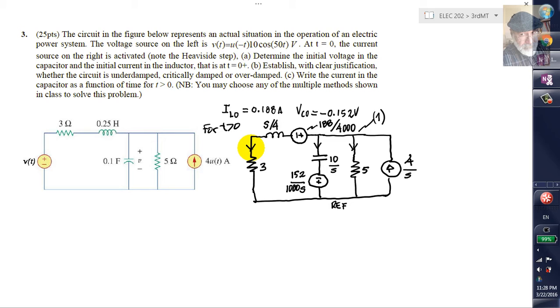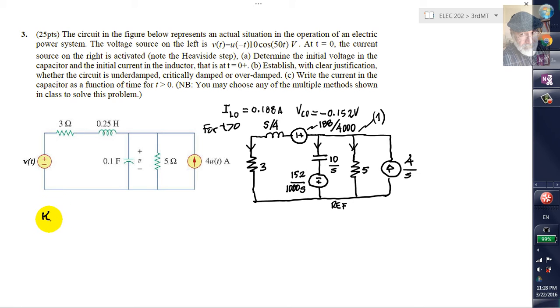Find that Vc as a function of S, and the poles of that function of S will be the eigenvalues of the characteristic equation of the circuit. They will tell us whether the circuit is underdamped, critically damped, or overdamped.